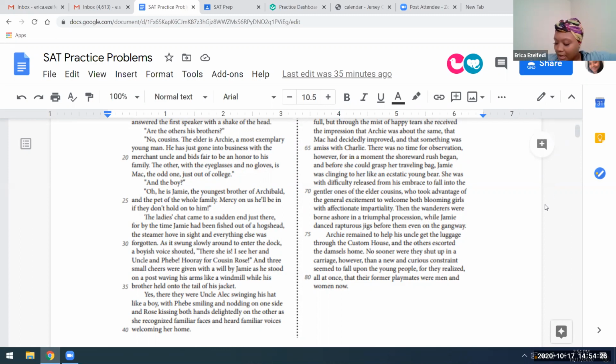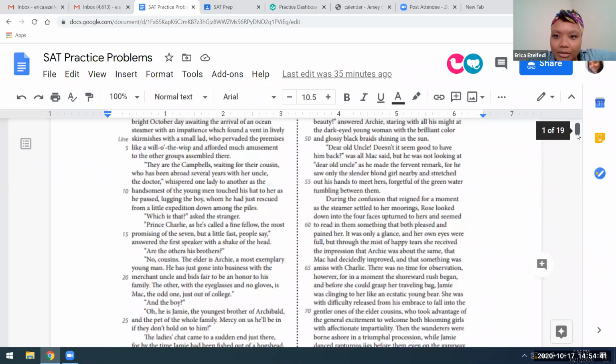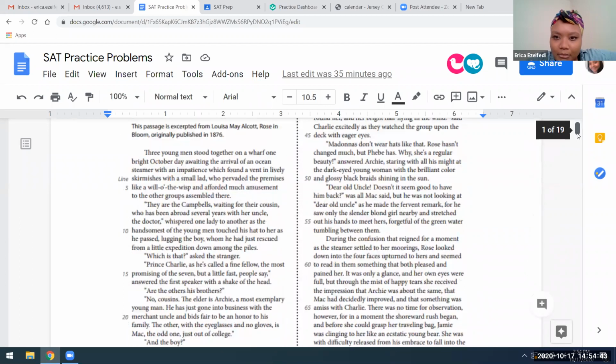Then the next option is she believes her cousins don't recognize her anymore. There was no indication that her cousins don't recognize her. But also, one of her cousins at one point said, in lines 46 and 47, that Rose hasn't changed much.